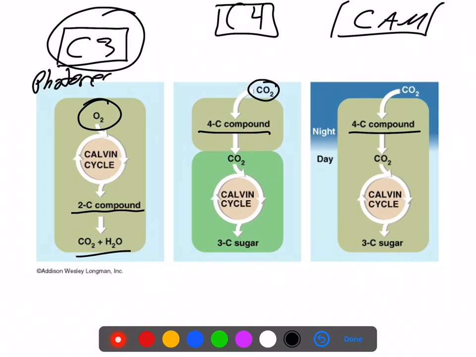All right, so most of the plants on the planet are C3s. They're the ones that are vulnerable to photorespiration. But there are new and improved plants that have figured out a way around it. They are called C4s and CAMs. And why is it that they do better?